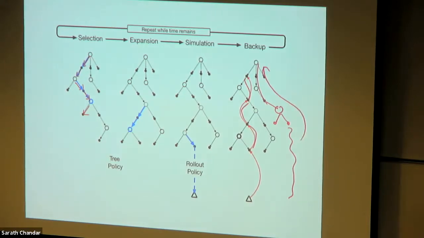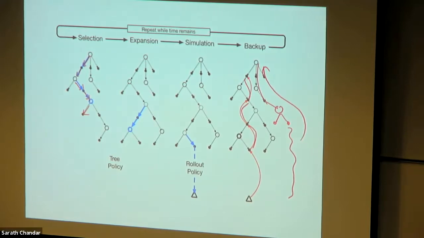In some sense, we started with just one state and we are intelligently expanding the tree. I'm saying it is intelligent because we haven't yet discussed the tree policy.